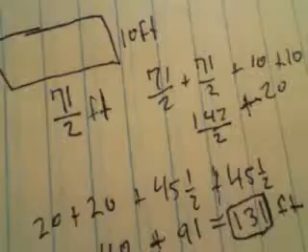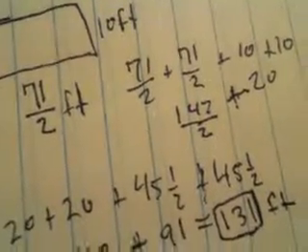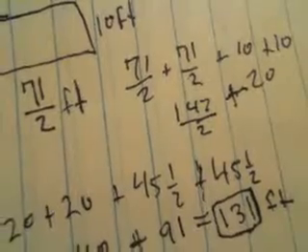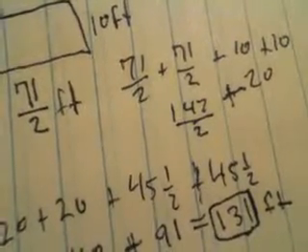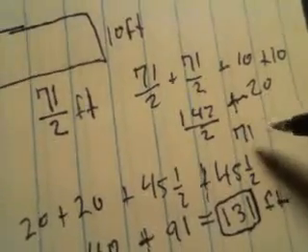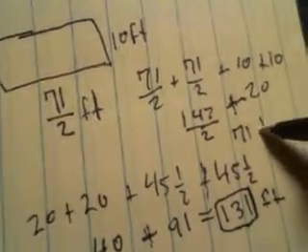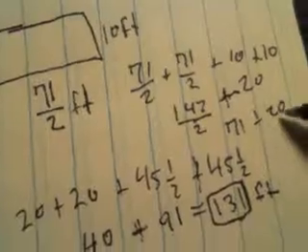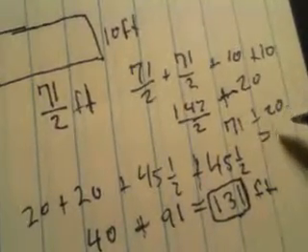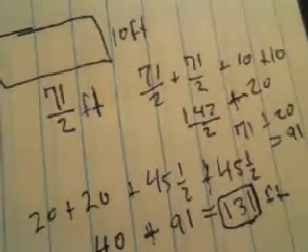Anyway, going back to this, what's 142 divided by 2? What is that? 71. So we have 71 plus 20, and what does that give us? I'm just bringing this down, and we get 91 right here.